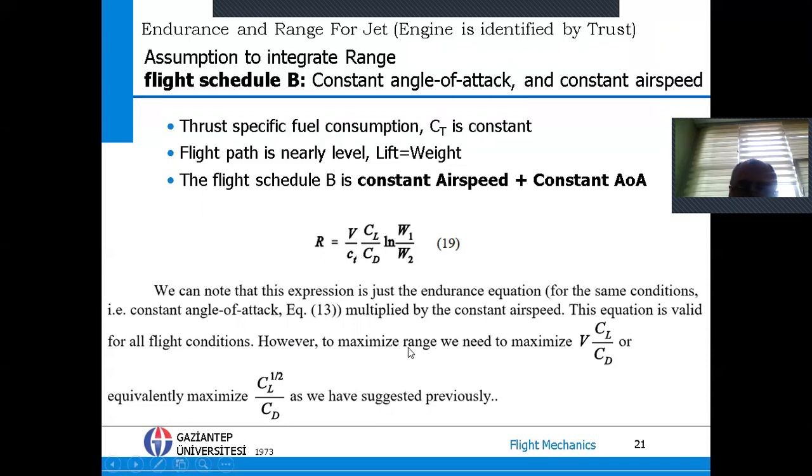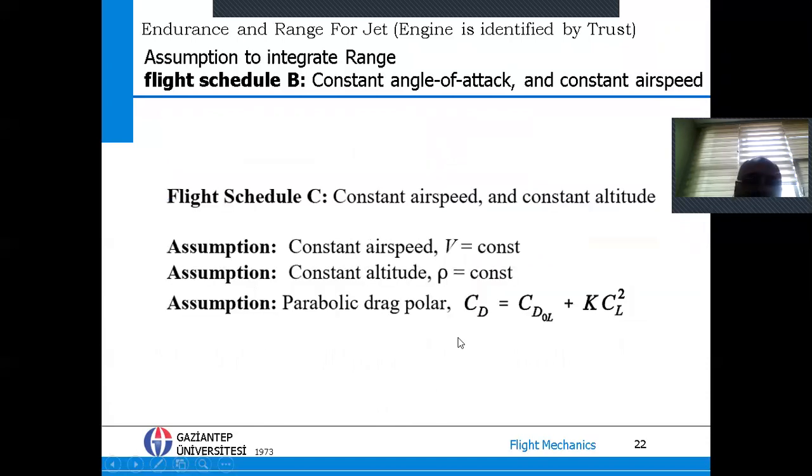However, to maximize range, we need to maximize V times CL over CD. So this is the look here. We need to maximize V CL over CD in order to maximize the range. This is equivalent to maximizing CL to the power 2 over CD, as we have suggested previously.